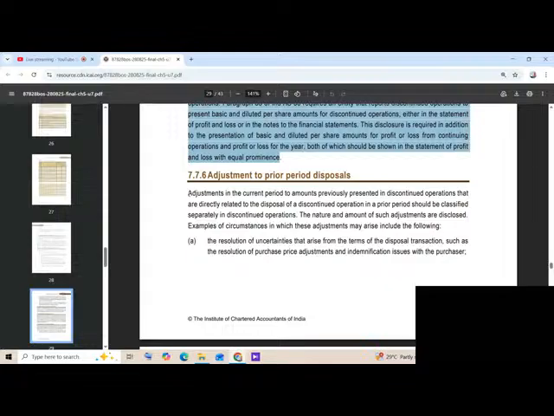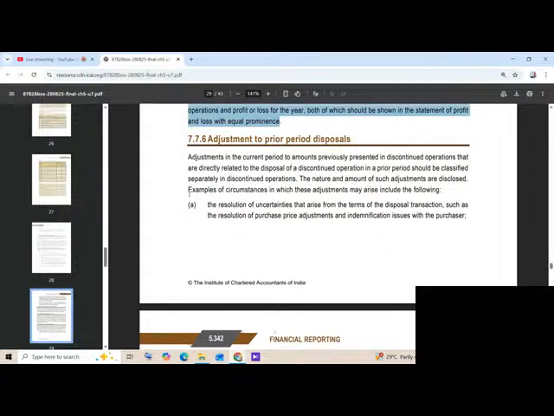Adjustment to prior period disposals. Adjustments in the current period to amounts previously presented in discontinued operations that are directly related to the disposal of a discontinued operation in a prior period should be classified separately in discontinued operations. The nature and amount of such adjustments are disclosed.